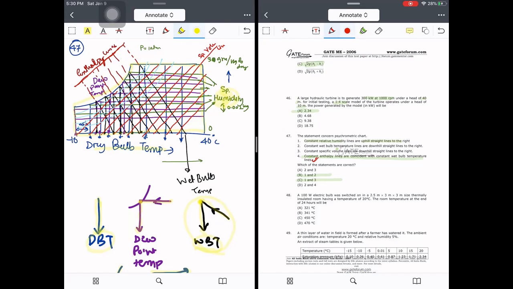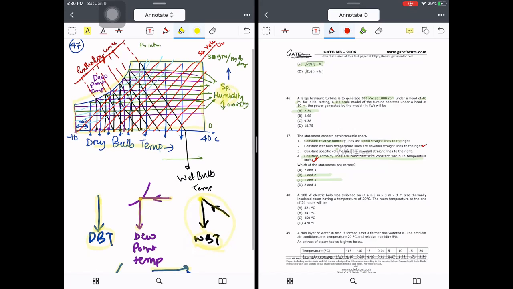Let me reconfirm from my solutions. Constant wet bulb temperature lines are downhill straight to the right; statement 2 is correct.